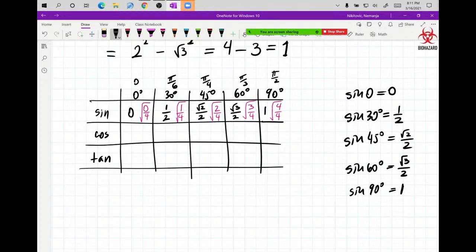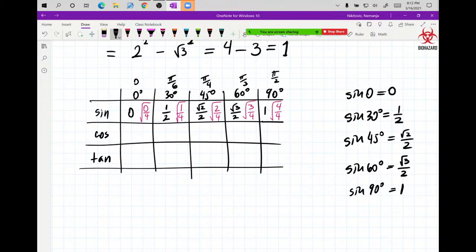That's how you read the chart. You just find the value. It's a sine of 45. You look at the chart, oh, root 2 over 2. That's why we have the chart. So it is so simple. 0, 1, 2, 3, 4, divide by 4, take a square root. When you compute those values, they give you the values for sine.